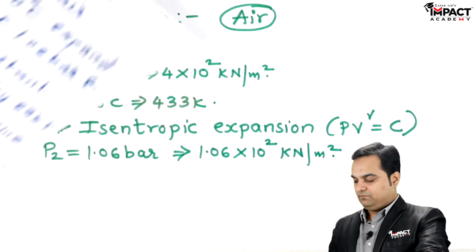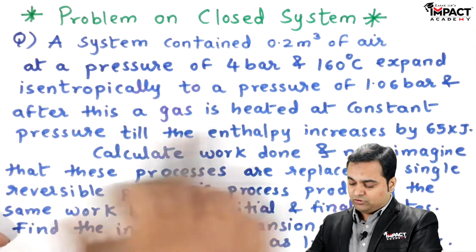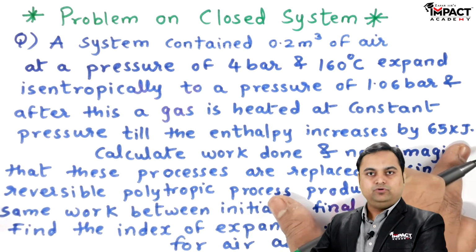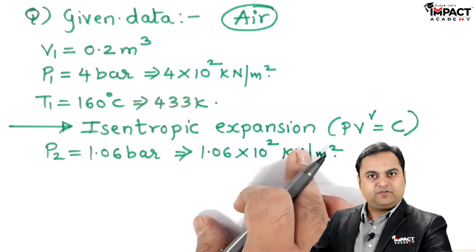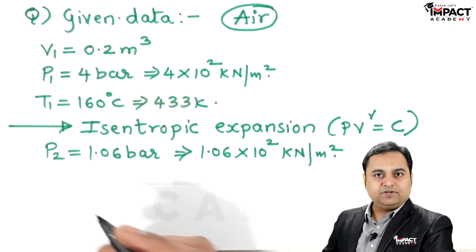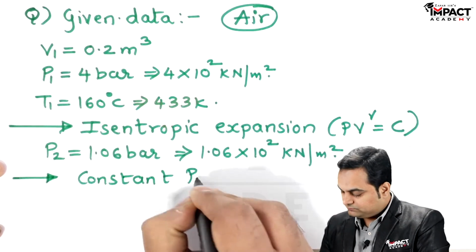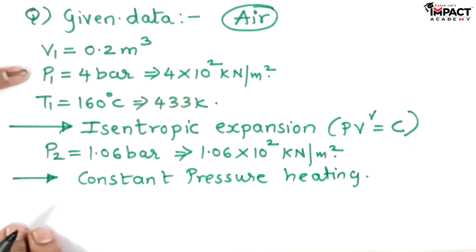Then, after this, the gas is heated at constant pressure till the enthalpy increases by 65 kilojoule. So after reversible adiabatic, or we can say isentropic expansion, there is constant pressure heating. Now the process starts from state 1, that is from P1 to P2.